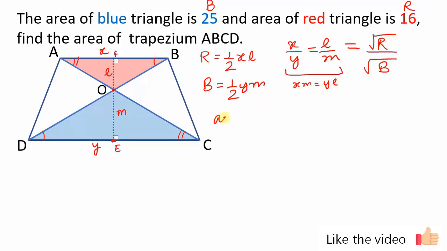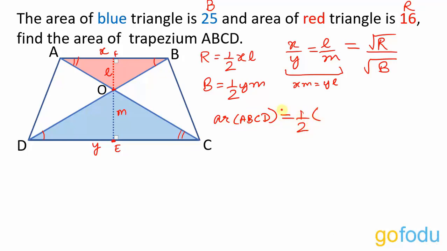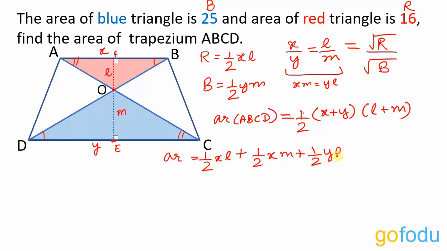Now let me write the area of trapezium ABCD. What would that be? Half into the sum of parallel sides, X plus Y, into the distance between them, that is L plus M. Open the brackets and we'll get area as half XL plus half XM plus half YL plus half YM.